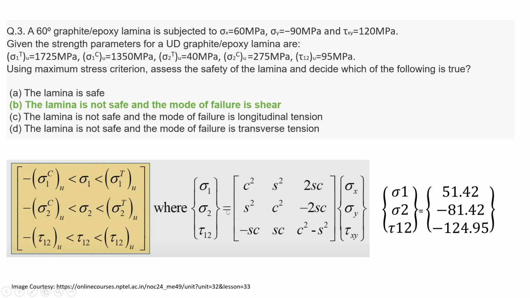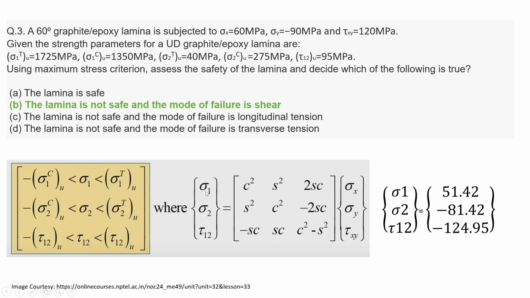We are given the values sigma x, sigma y, and tau xy. When we multiply them with the transformation matrix, we get the values for the 60-degree graphite epoxy lamina.